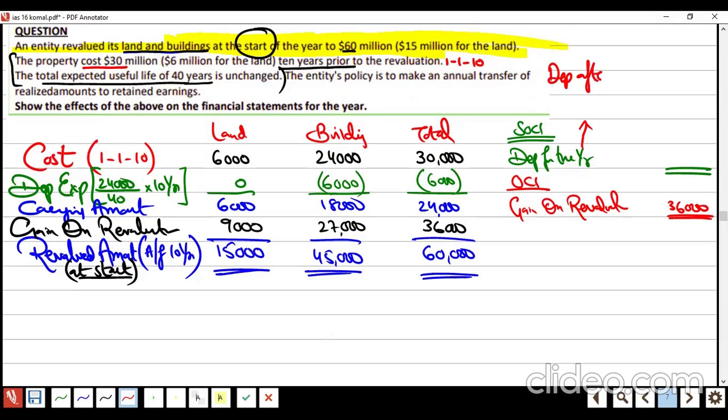Depreciation after revaluation. Remember? What's the formula?